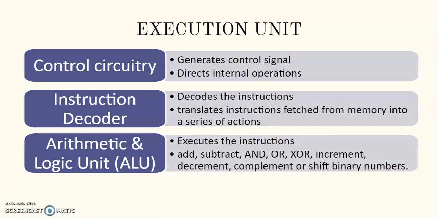Whenever the instructions are written by the programmer, they are stored in memory, and through the bus they go to the instruction queue where they are prefetched and stored. These prefetched instruction bytes are first given to the instruction decoder. The decoder decodes the instruction, translating the instruction fetched from memory into a series of actions.